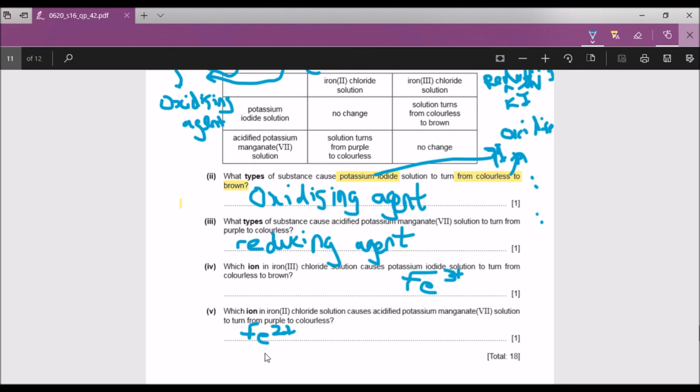The opposite happens, so it's just Fe2+ as it goes to Fe3+, which I shouldn't write because it gets people confused. The chloride has really no effect in this situation.